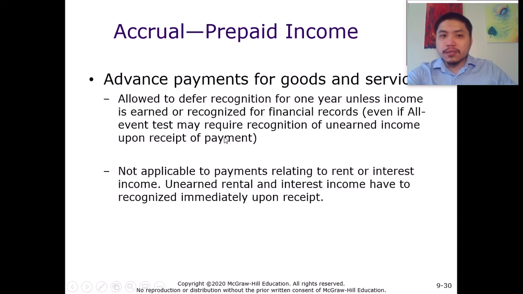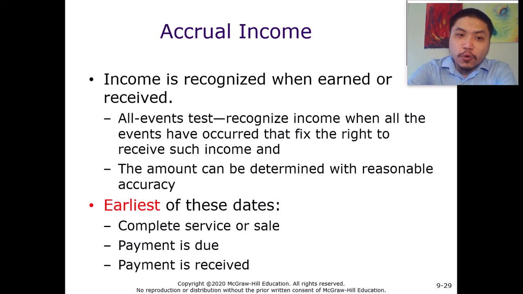So when the clients or customers make advance payments to the businesses, under financial accounting the business owners may not need to recognize income yet, and it becomes an unearned income kind of account. But under the tax rules, following the all-events test, the business owners have to recognize the payment when it is received.